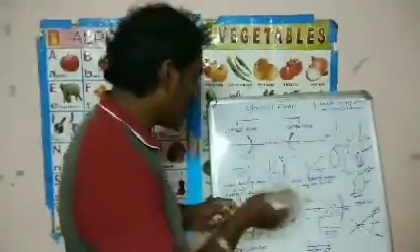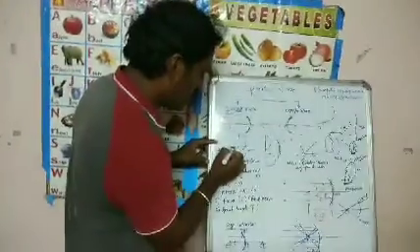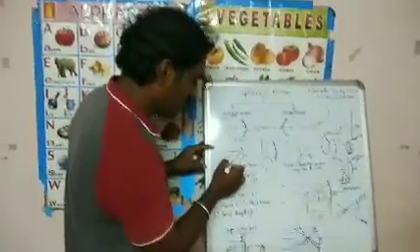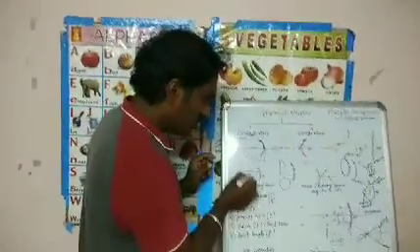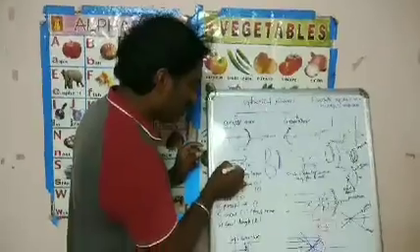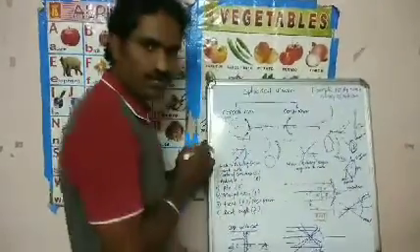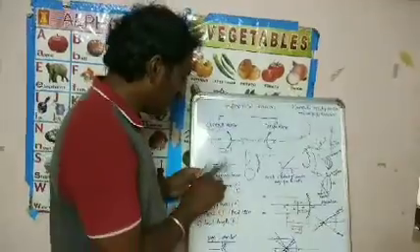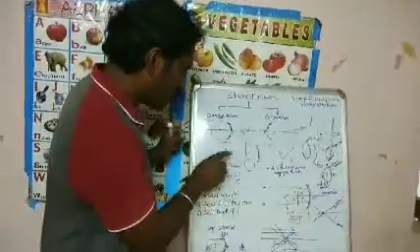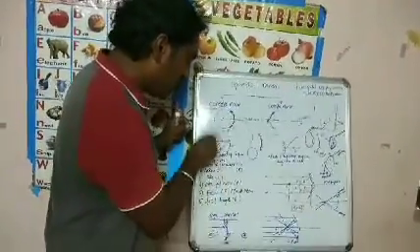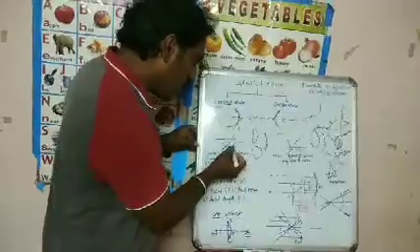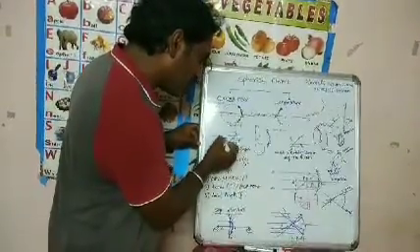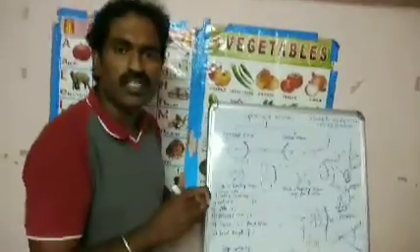According to the law of reflection, this is the incident ray, and after reflection it goes like this. So this is the pattern of image formed by the concave mirror. One important point: in the concave mirror, the reflecting surface is always towards the center of curvature.